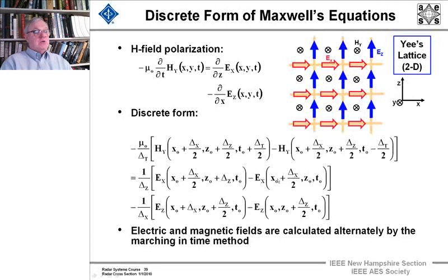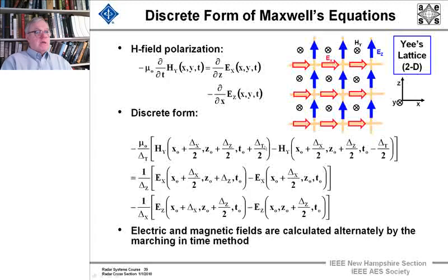And these two differences are this part of the H field polarization equation, and this set of two entities are this differential in the E sub z direction, and these are in the E sub x direction, and this is the H sub y, this large one.